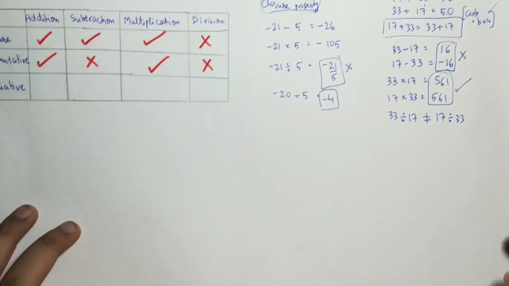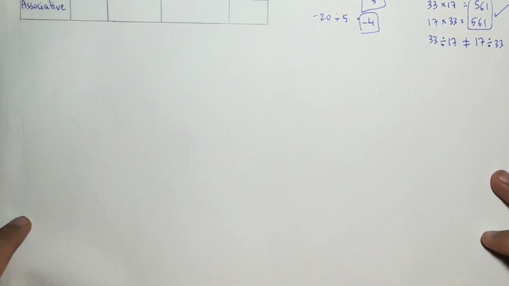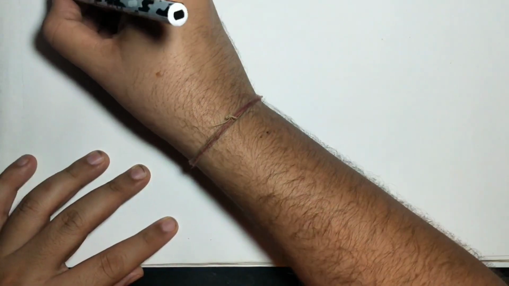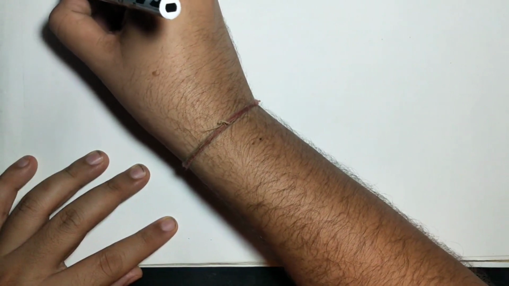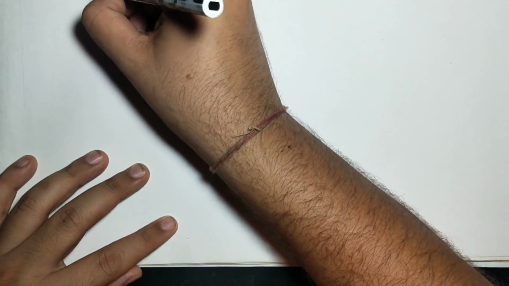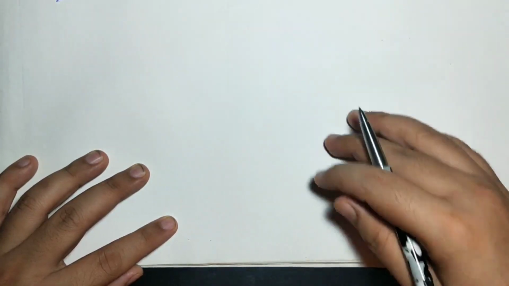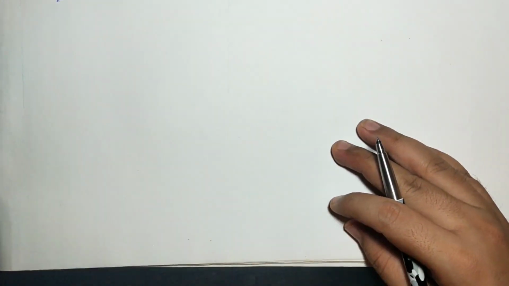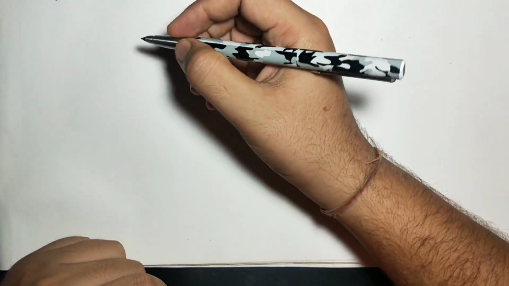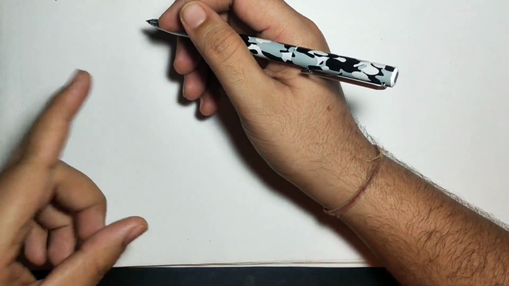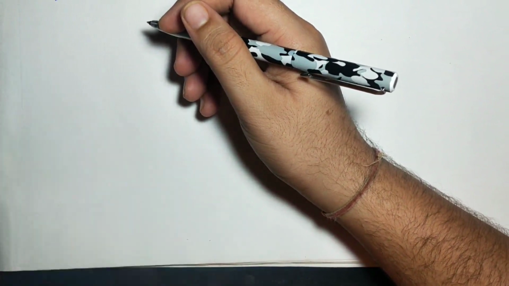Let us go for the next property. Not the last property, sorry for that, but understanding associative property. What does associative property mean?